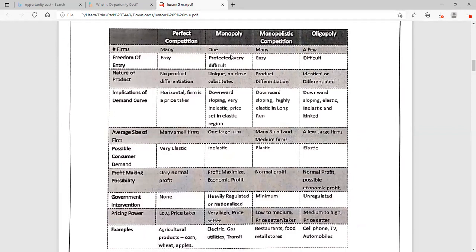The demand is usually downsloping and very inelastic. Information here is imperfect, and as such, these firms make abnormal profits in the short run. They are heavily regulated by government and have very high pricing power, and as such, they're called price setters.